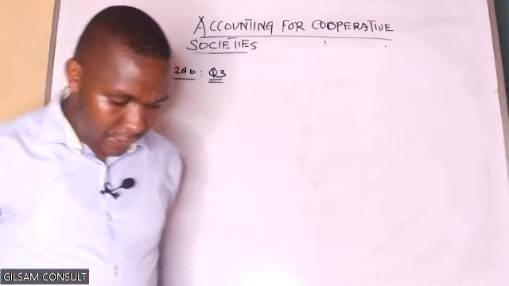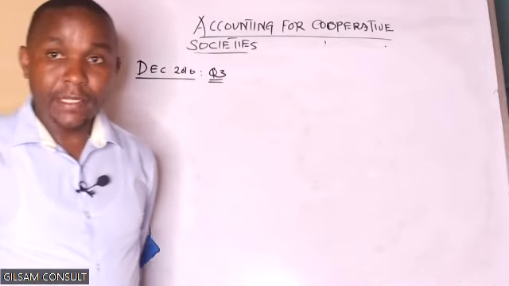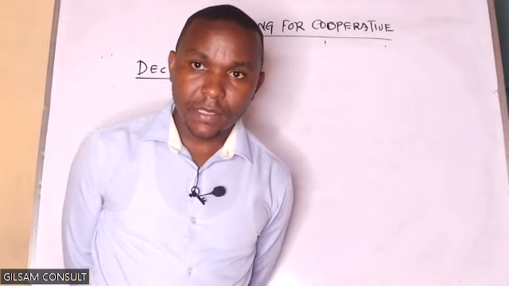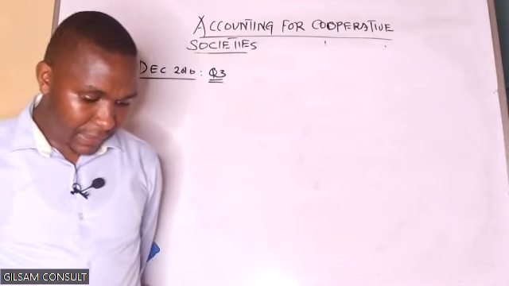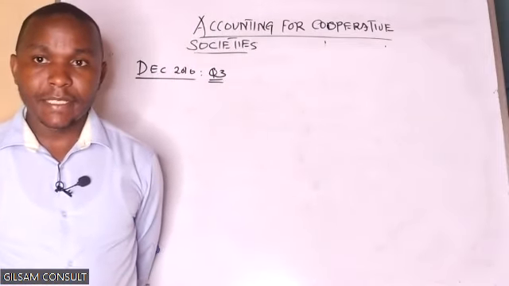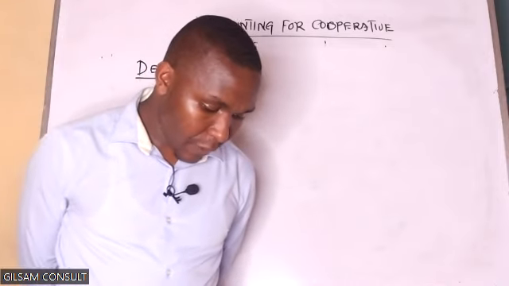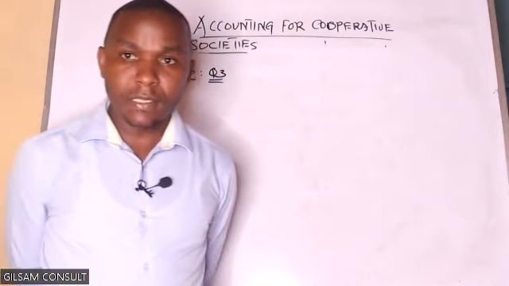Under the trial balance, we have ordinary share capital on credit side, 200,000, and members deposit on credit side, 180,000. We have account payable on credit side, 20,000.